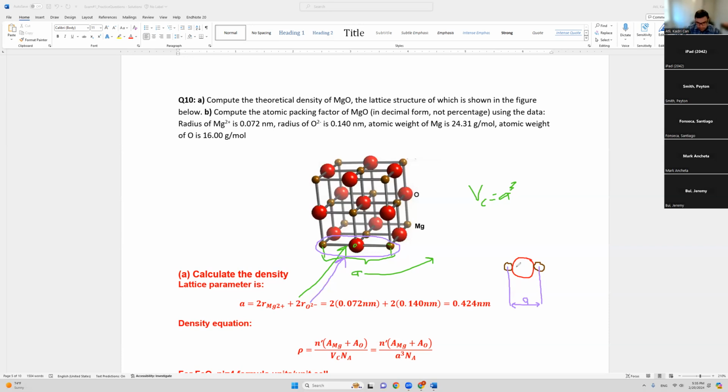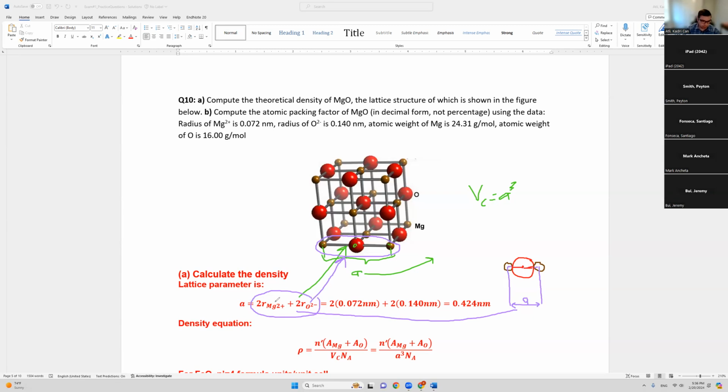So looking at this schematic, I can write A like this. I have two magnesium radii, 2R, which are these small radii, 1 and 2, and two oxygen radii, 1 and 2.